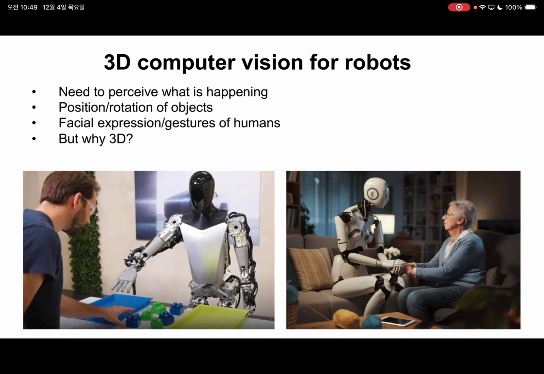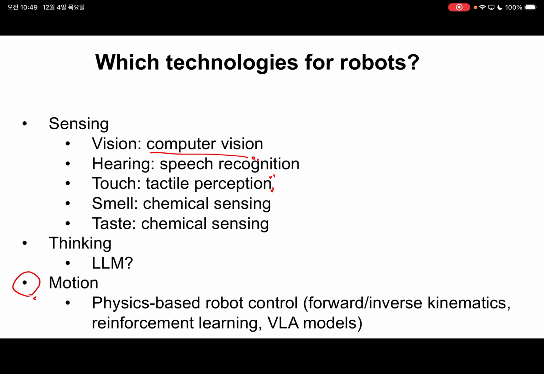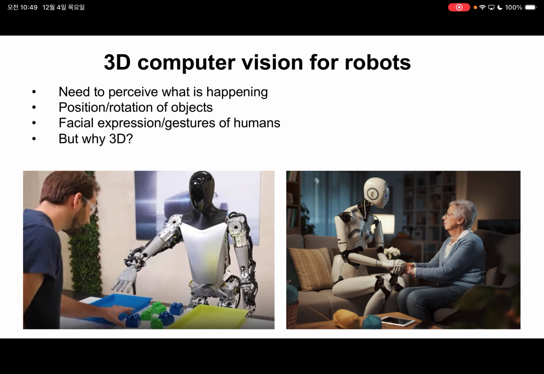In 3D computer vision, we need to perceive what is happening. Among the five senses, the eye, the vision sensor, has the strongest semantic information. So 3D computer vision is necessary for realizing robots and natural interaction between robots and our environment, and between robots and humans.